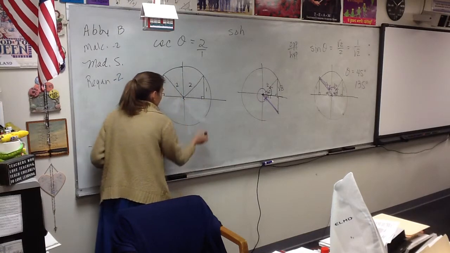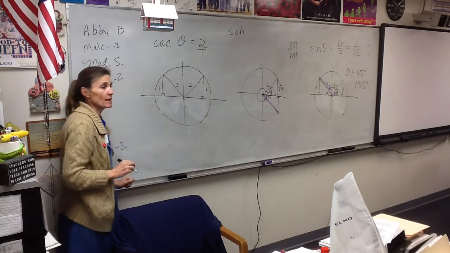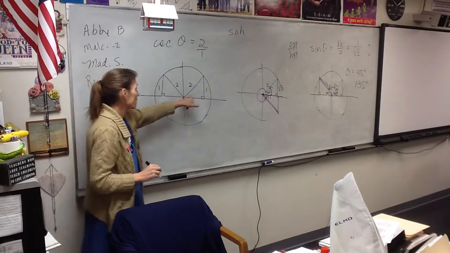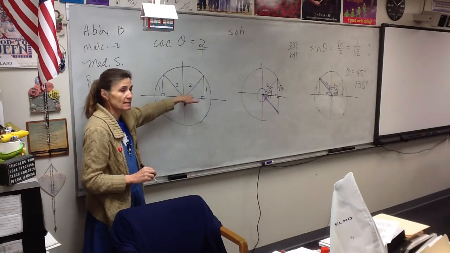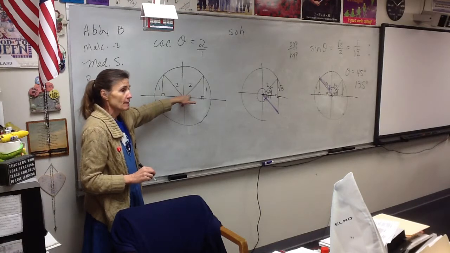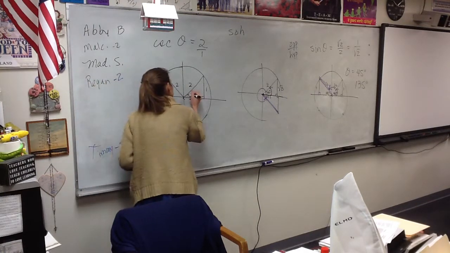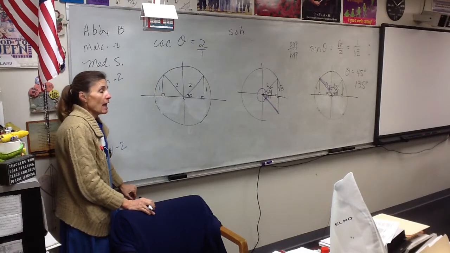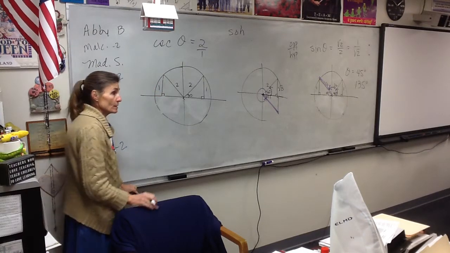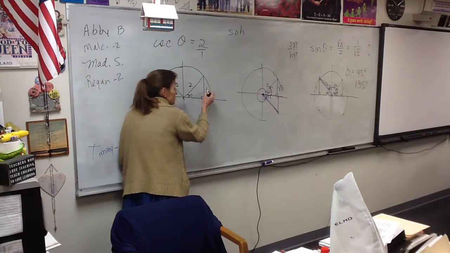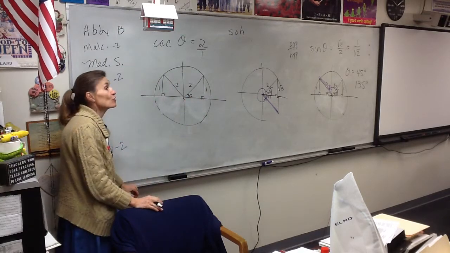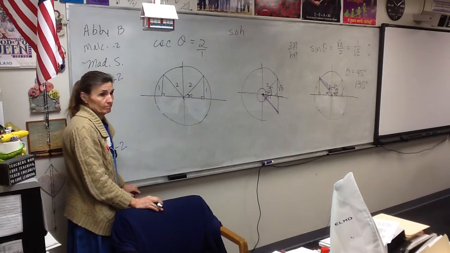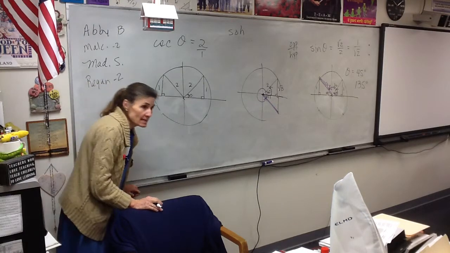So now I have these two answers, and I have to figure out how big these angles are, this angle right here. 30. Topham says that's a 30-degree angle. How does he know? Because what's across from the 1? 30. You memorized that.